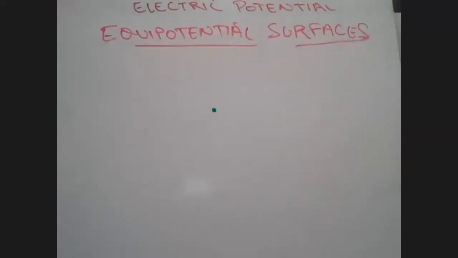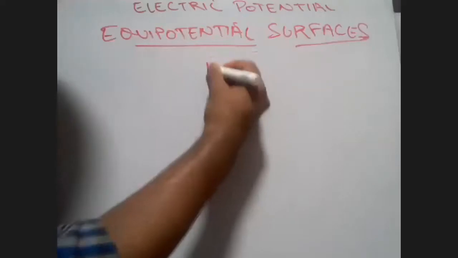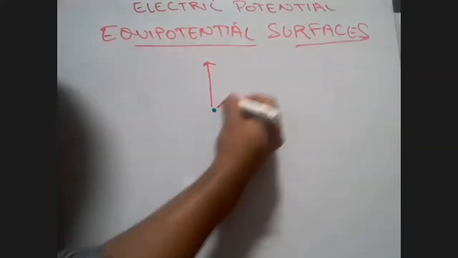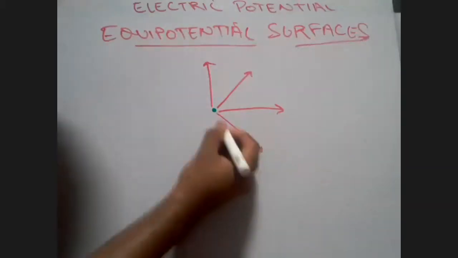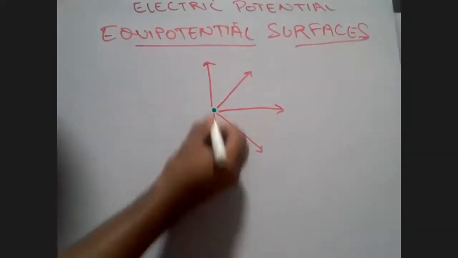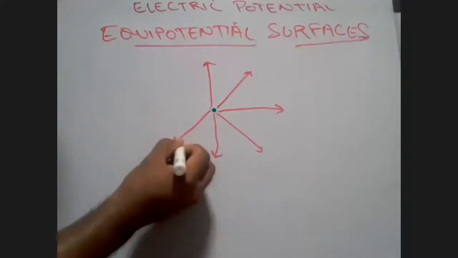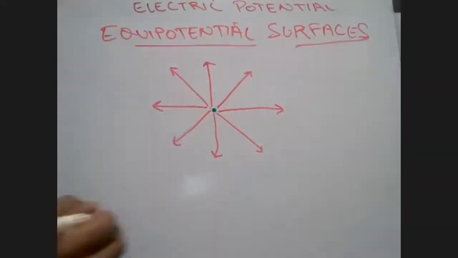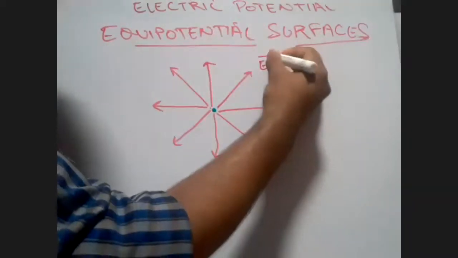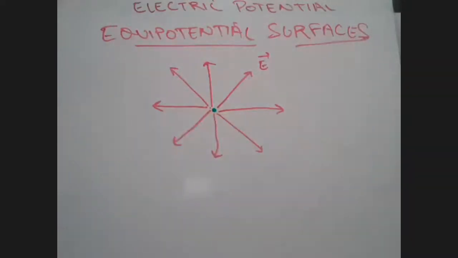Yes or no? Understand this small thing, you will understand many other concepts. These are electric field lines. They radiate from the point charge.